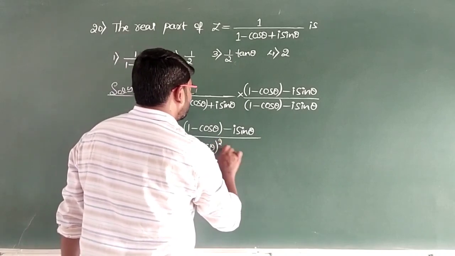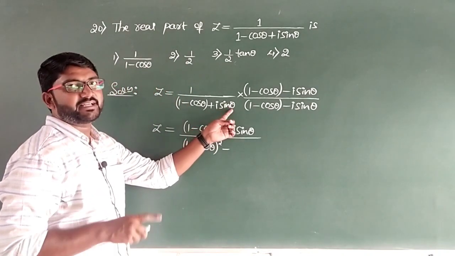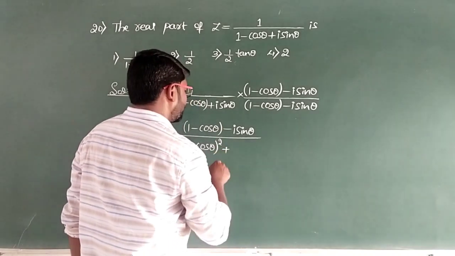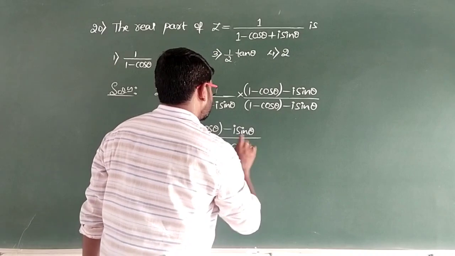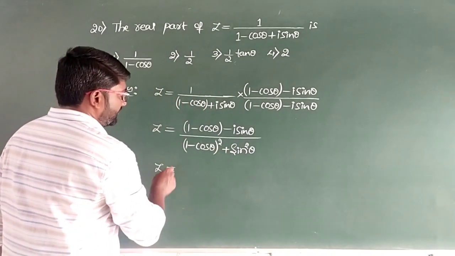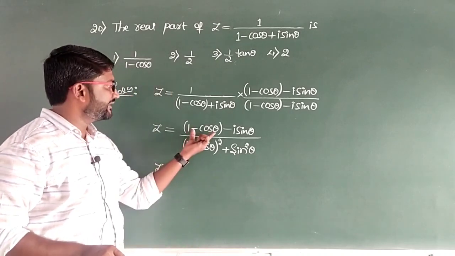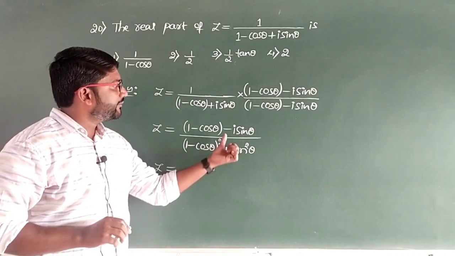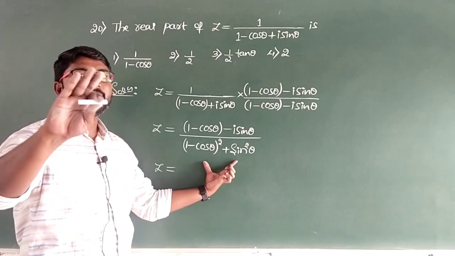then minus b². So i² sin² theta, and i² value is minus 1. So we get a plus sign here. So we get sin² theta. Then simplify the denominator. Now we will have to split this into two terms. (1 − cos theta) divided by the denominator, that will be the real part, and −i sin theta divided by the denominator, that will be the imaginary part.